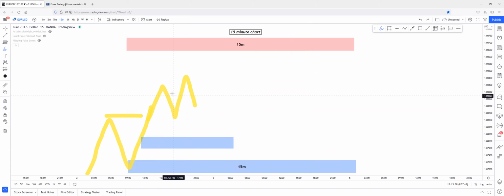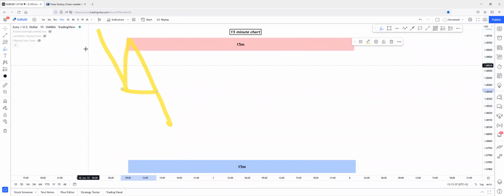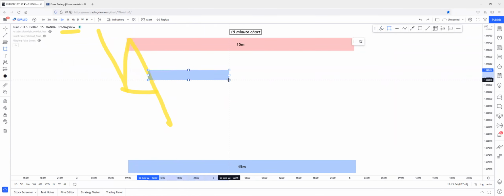So once again, price could also be in a downtrend. So price could create bearish break of structures over and over again, break of structure to the downside over and over again. And you can still have this 15-minute demand zone down here. You can still have this 15-minute supply zone that has created the less recent break of structure right here. But on the 5-minute chart, for example, there will be a supply zone that has created a flip zone, which is invisible on the 15-minute chart.